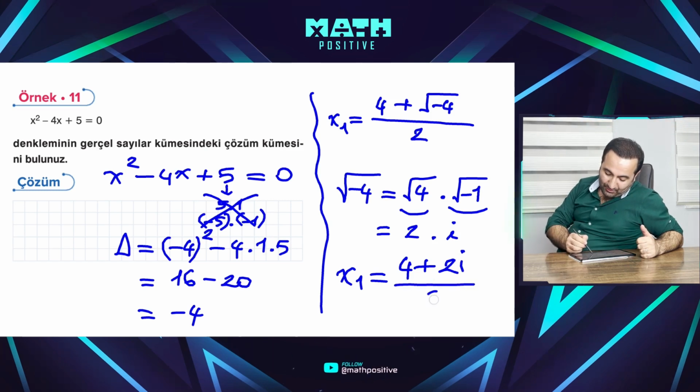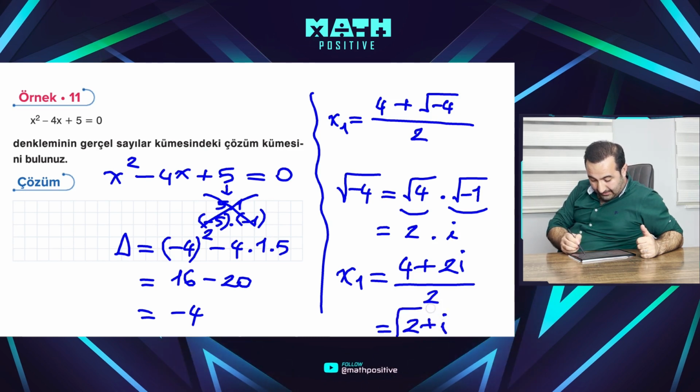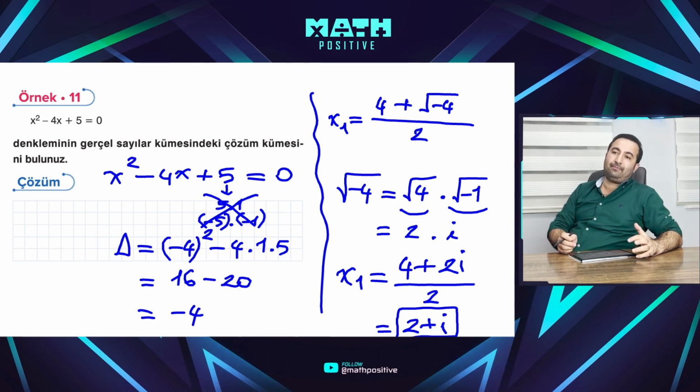We have x1 equals 4 plus 2i over 2, which is 2 plus i, our first root, which is a complex root.